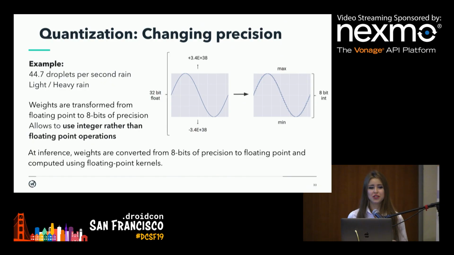How much information do you actually need? Do you want to know the exact amount of droplets per second, or is it enough to just say it's going to be light rain or heavy rain? That means that sometimes we don't really need super high accuracy, and so we can optimize the model to perform better. During quantization, weights will be transformed from floating point to 8 bits of precision.